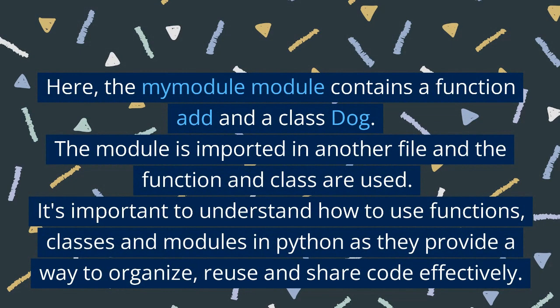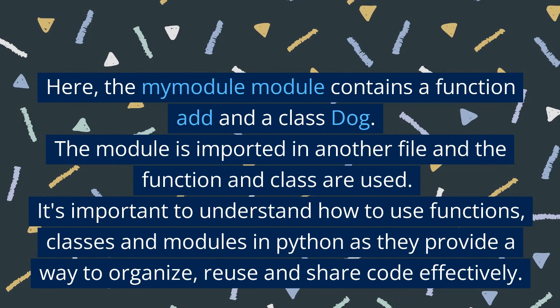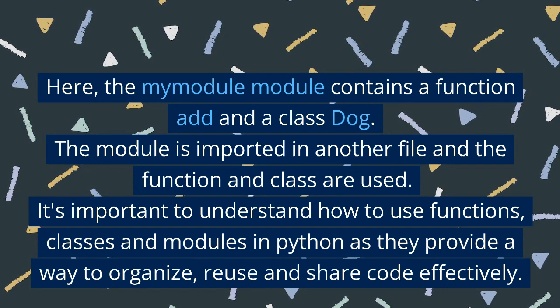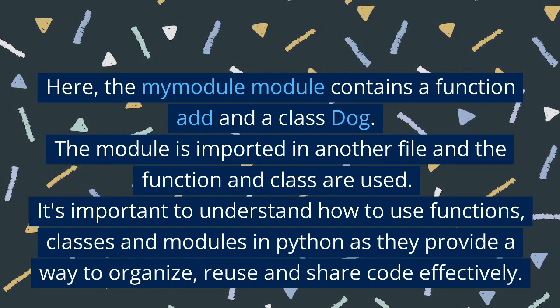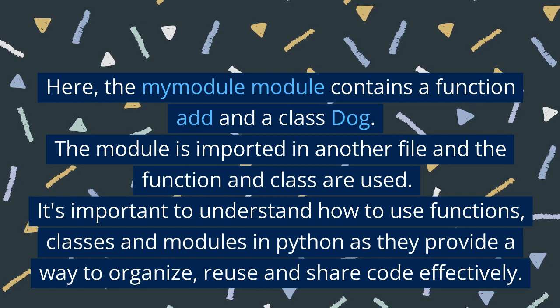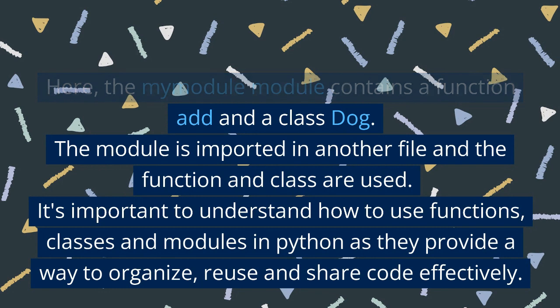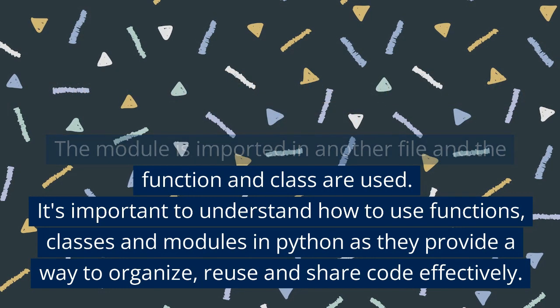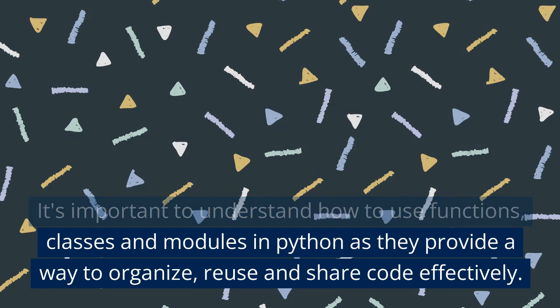Here, the mymodule module contains a function add and a class Dog. The module is imported in another file and the function and class are used. It's important to understand how to use functions, classes and modules in Python as they provide a way to organize, reuse and share code effectively.